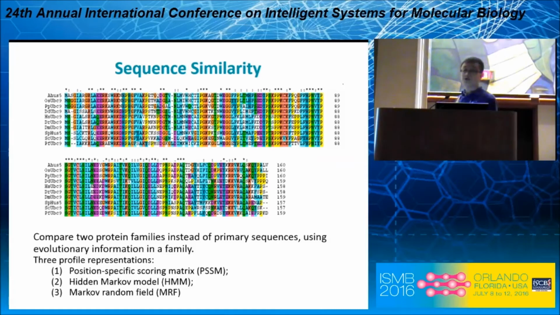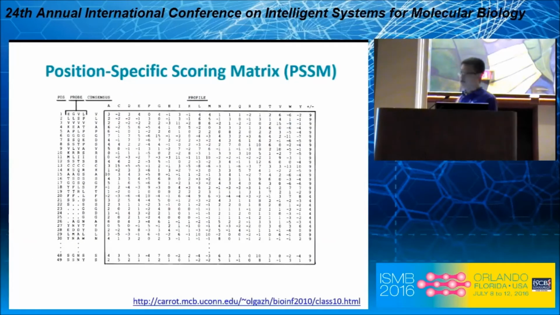And there are three standard ways to represent protein family profiles. And those are position-specific scoring matrix, PSSM, hidden Markov model, or Markov random field. So in order to get PSSM, you can easily run PSI-BLAST, and then you get this PSSM about a protein family, and then you can easily align two protein sequences together by aligning their PSSMs together.